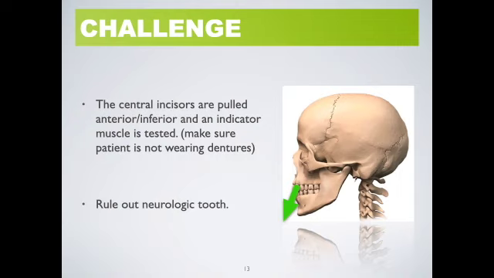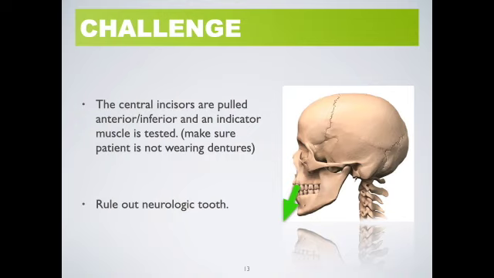Now, if you do this challenge and you get a weak indicator muscle, you want to rule out neurologic tooth as well. You could have both, but with neurologic tooth, you'd want to challenge the tooth itself, A to P, P to A, buccally, lingually, like we talked about, breath in, breath out.